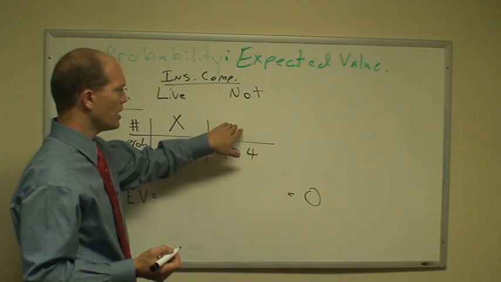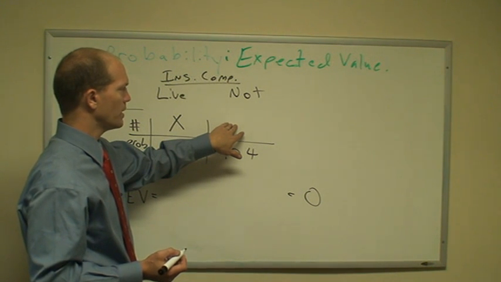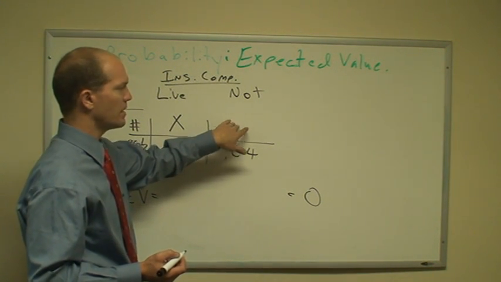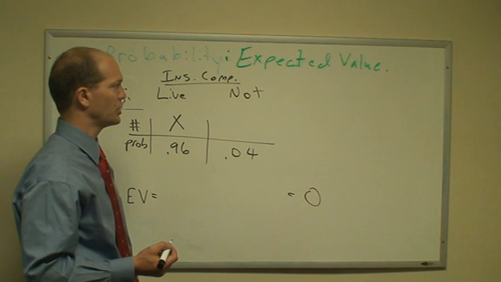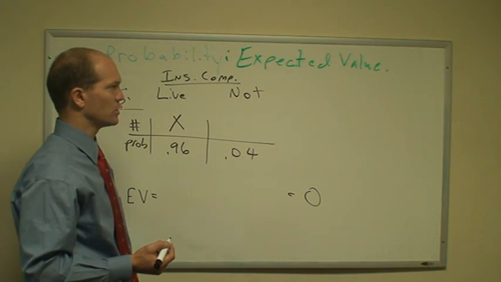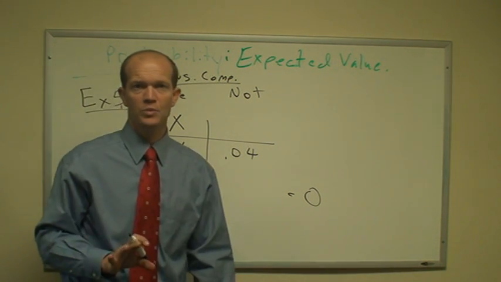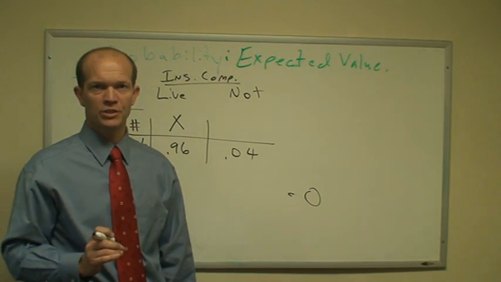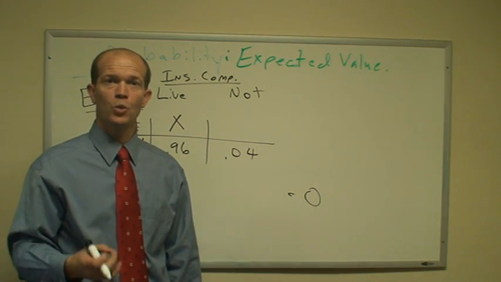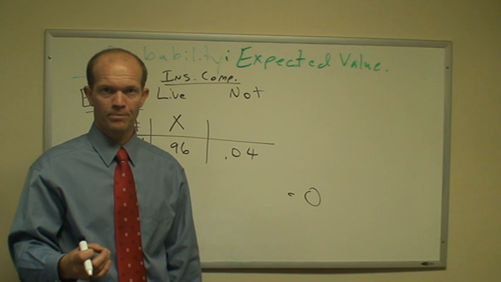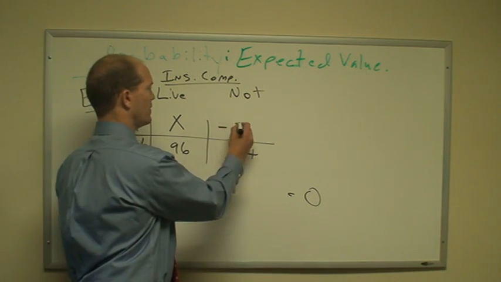Alright, if the person does not live, what's going to go on here is that the insurance company is going to send that person's beneficiary a check for $25,000. But, and this is where the problem gets a little more tricky because you have to pay attention to this, the insurance company is going to keep the premium. So it's not just going to be a negative $25,000.